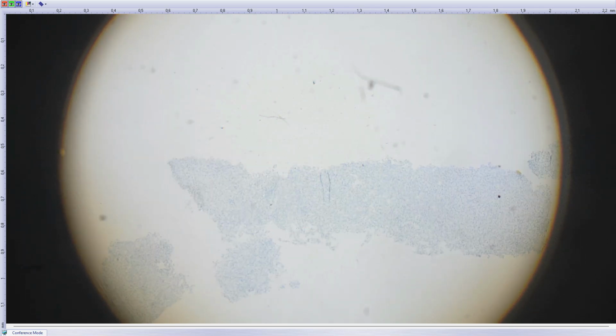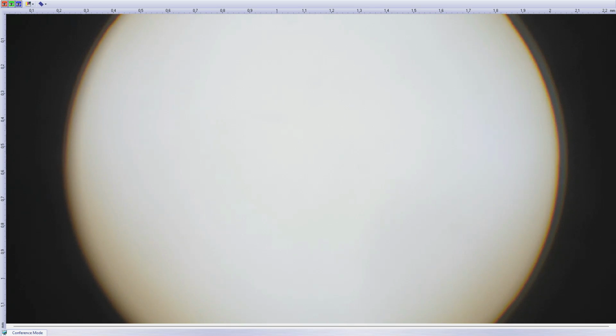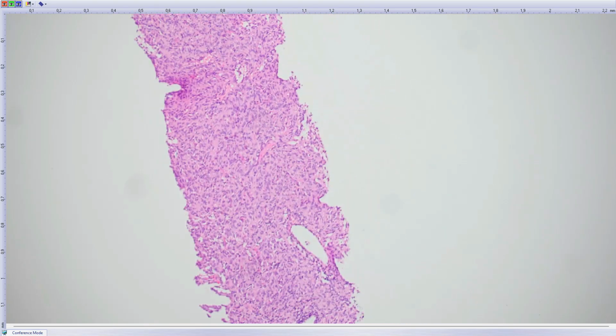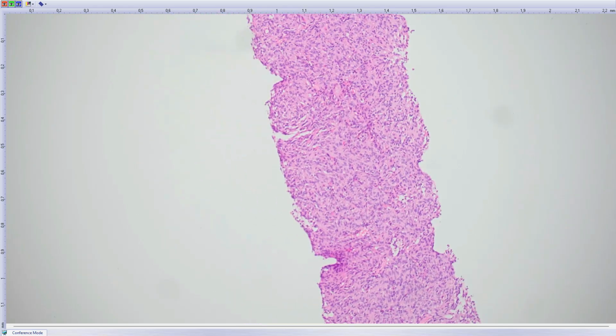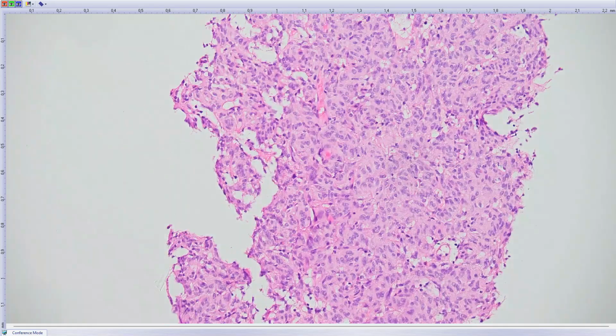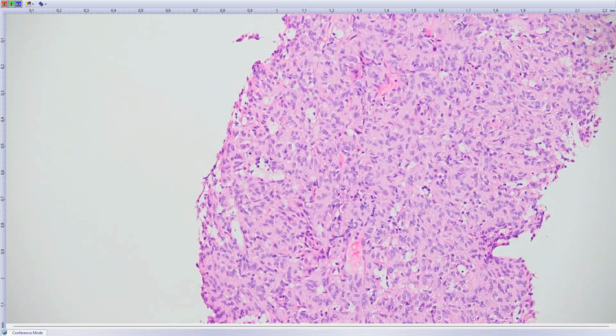So, although by morphology I can imagine this could be some weird well-differentiated leiomyosarcoma, IHC is completely not supportive of it. And really, the morphology is not very good for it either. There are not these really long, cigar-shaped nuclei, not so much eosinophilic cytoplasm, and the immunoprofile doesn't fit.